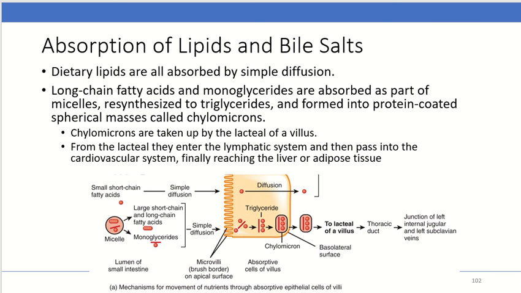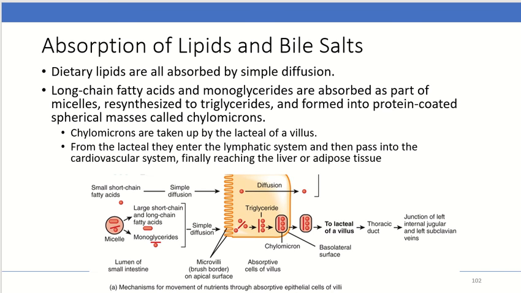So, looking at the absorption of lipids and bile salts. Dietary lipids are going to be absorbed by simple diffusion. We've discussed that, nice and simple. However, these long-chain fatty acids and our monoglycerides are going to be absorbed as part of a micelle. They're going to be resynthesized into triglycerides and are then going to form this protein-coated spherical mass called a chylomicron.